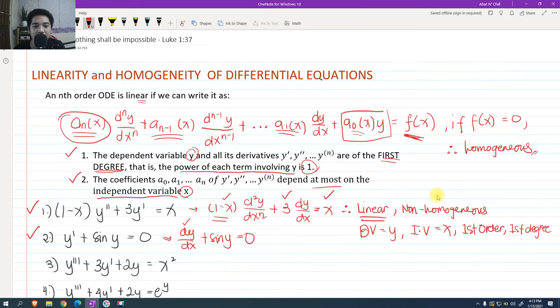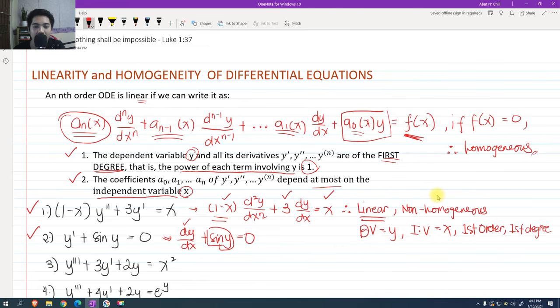But as you can see here, class, sine of y violates note 1, the number 1 rule: the power of each term involving y is 1. So actually, this is non-linear because of this transcendental function sine y.